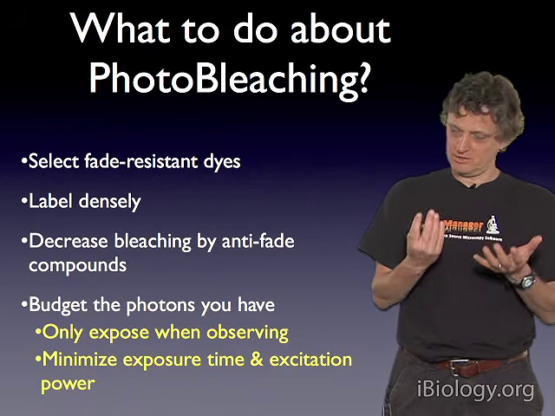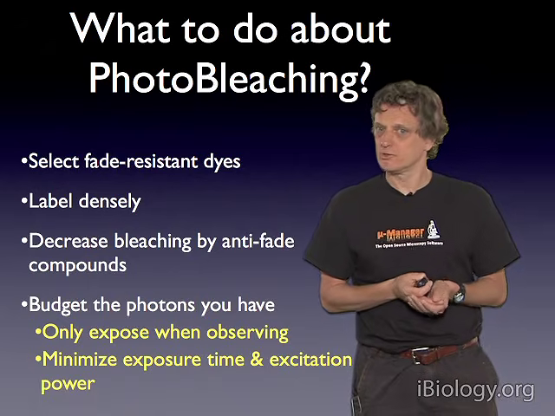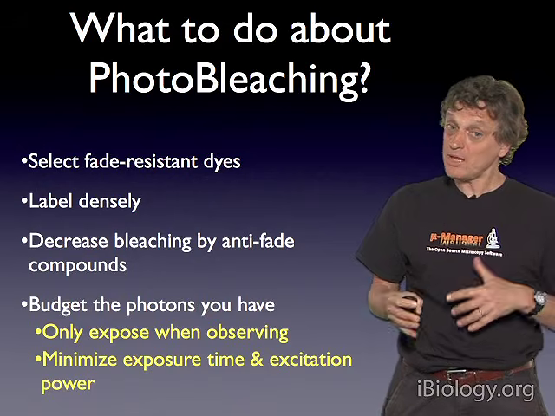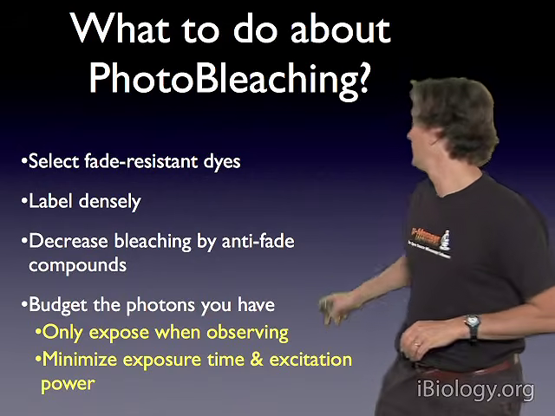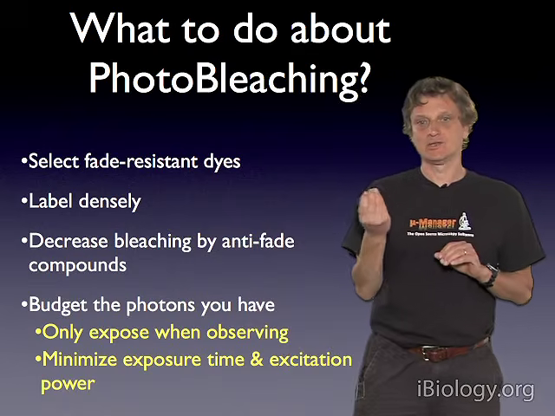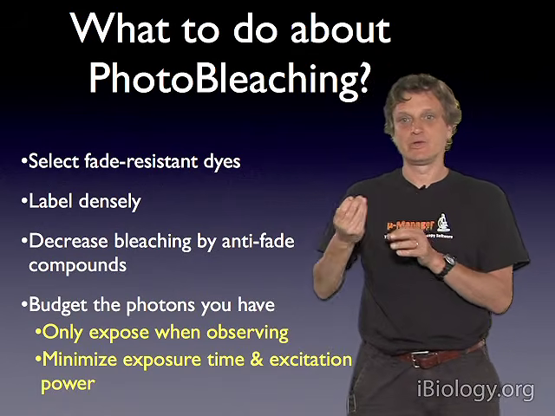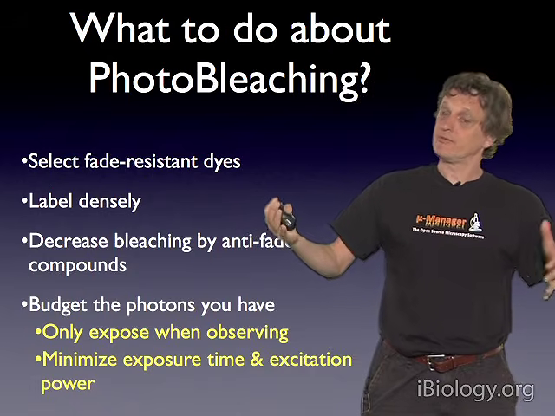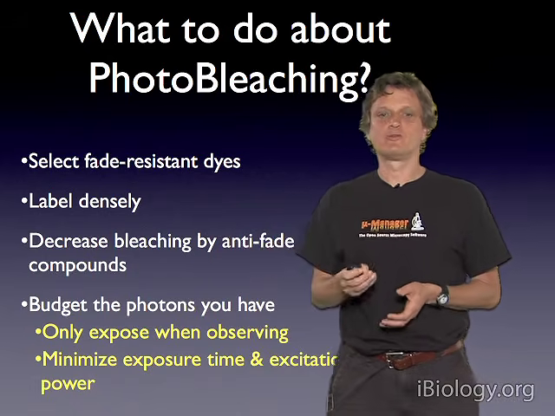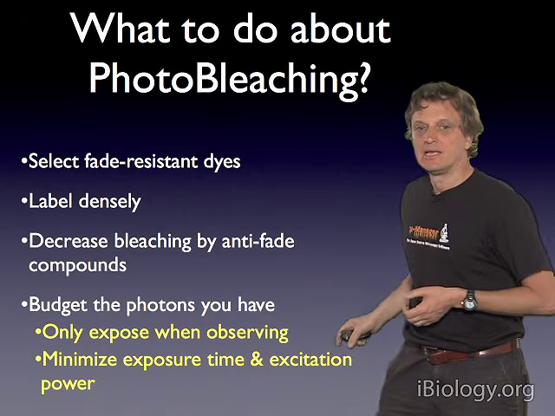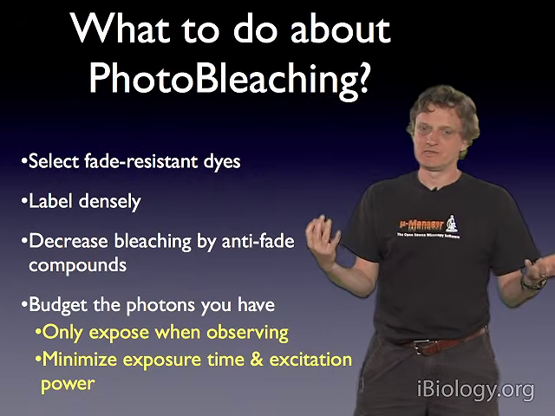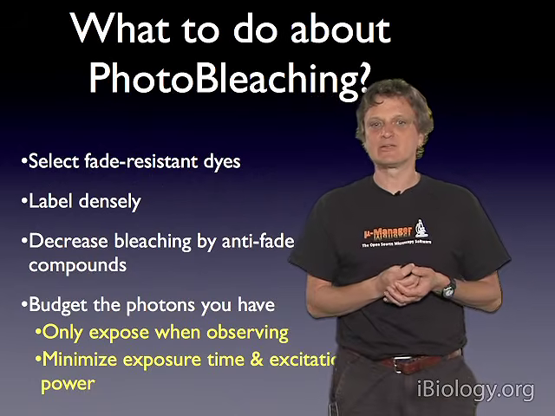So you would almost never want to use fluorescein anymore, but use one of these replacements. You can try to label more densely. So each dye has a certain chance that it will photobleach. So if we now put a lot more labels there, it will take much longer before all my signal is gone.